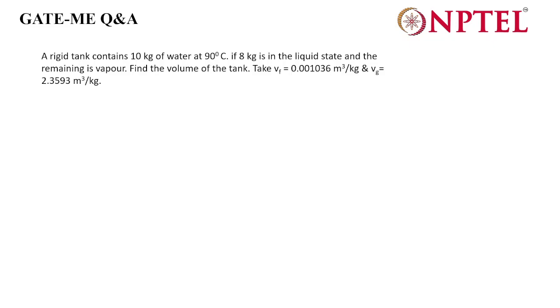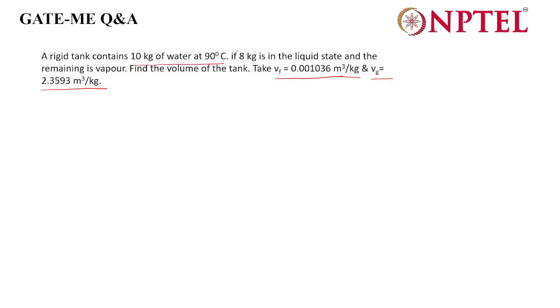First, finding the specific volume. Small v means it is specific. The specific volume of the mixture: we can multiply the specific volume of water with the mass of water, plus the specific volume of vapor into the mass of vapor.